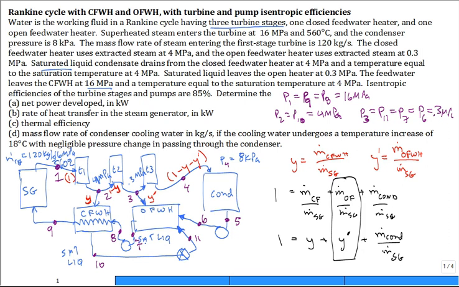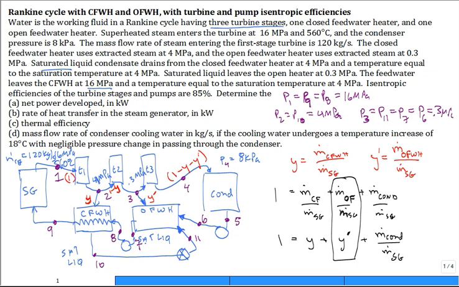I don't have room to write it. 1 minus y prime. True? So the best definition when they do it this way is that y prime is what diverts to the open feedwater heater divided by what came out of the steam generator. All right, little discussion there.